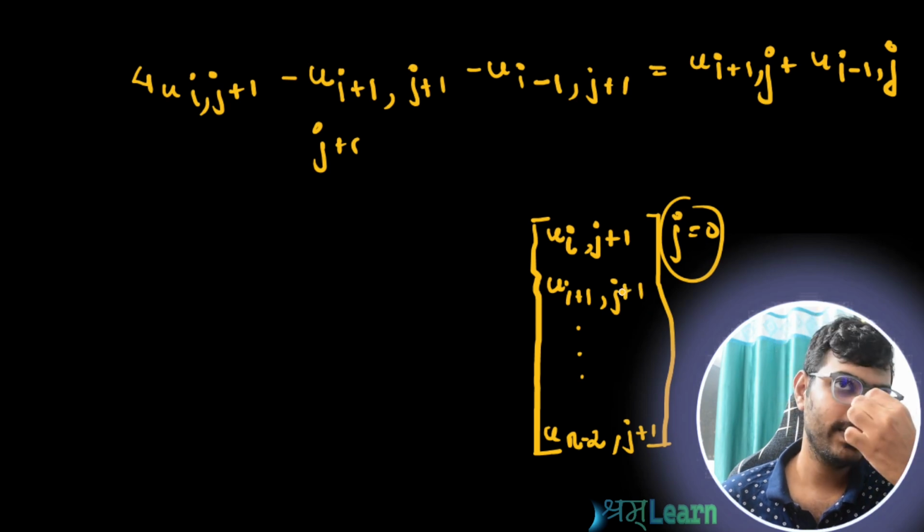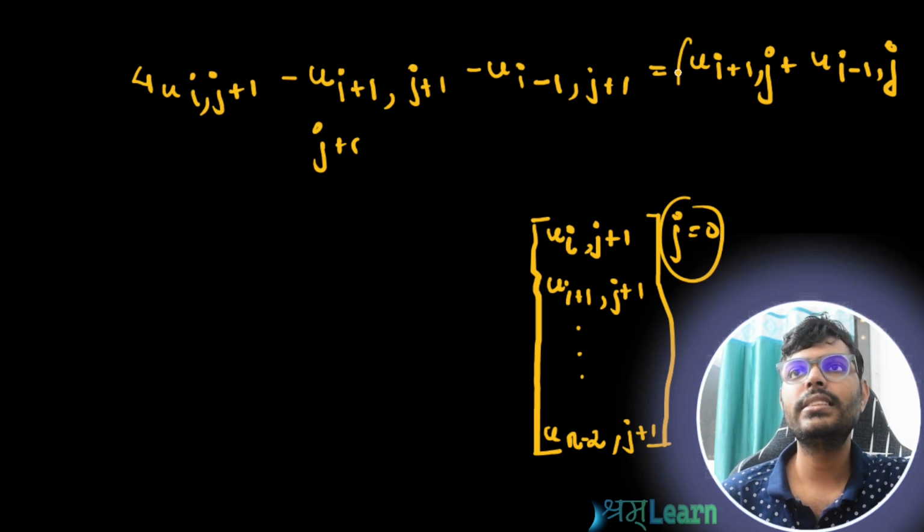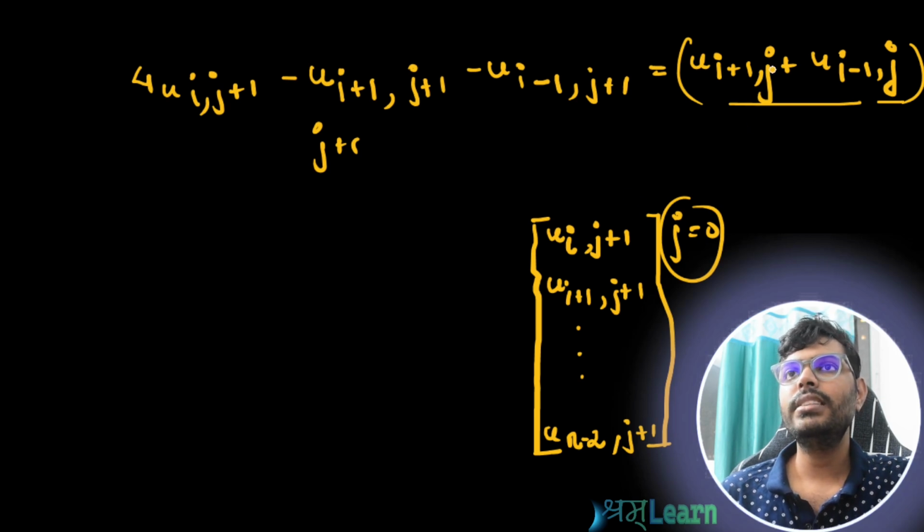Okay, and there is a relation to this. You can see the relation is this. It depends on the value corresponding to the lower row, because it is j here, right? If I set j is equal to 0, I will find zeros here. Okay, u of i minus 1 comma 0.